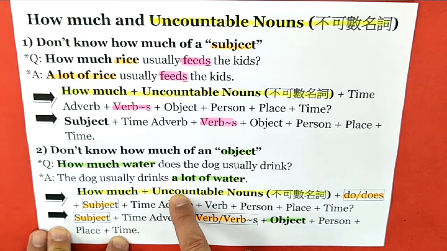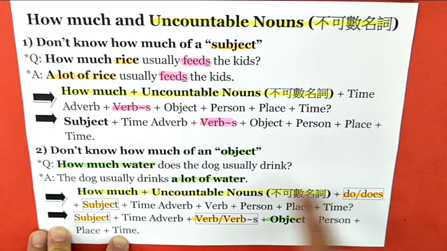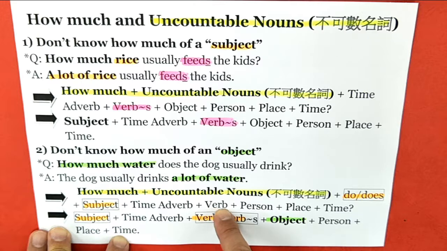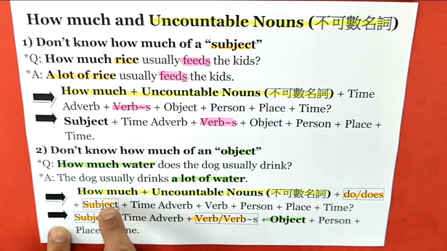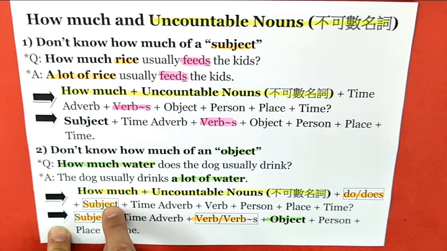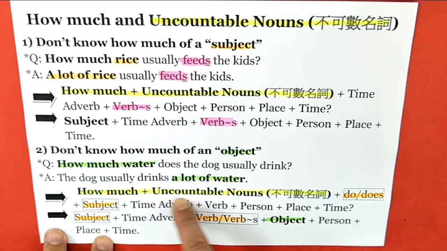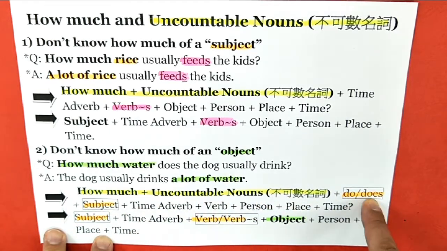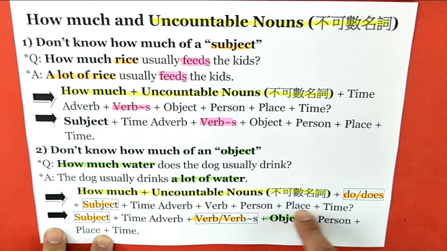All right. Now, what's the sentence pattern? How much plus uncountable noun plus do/does plus subject plus time adverb plus verb plus person plus place plus time. Remember, the subject must agree with the helping verb. He, she, it subject, does. I, you, we, they subject, do.